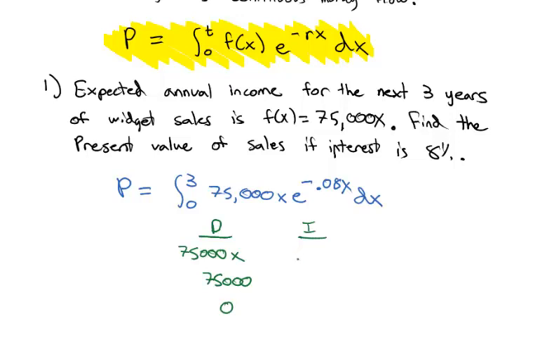So the other part, the e to the negative 0.08x, the integral of that is e to the negative 0.08x divided by negative, I'll make the whole thing negative, 0.08. And the integral of that is e to the negative 0.08x divided by another 0.08, so I'm going to say 0.08 squared, because we've done it twice, and this time it's positive.